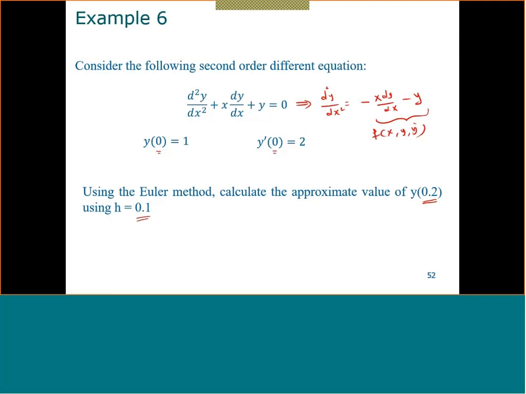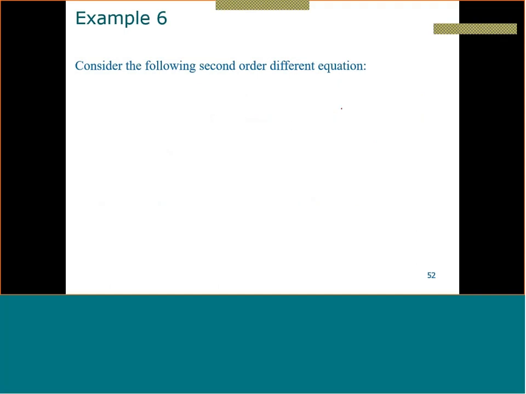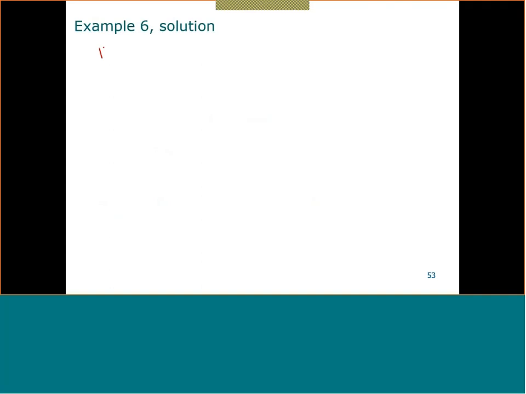Now I want to change this into something else, into two equations, each one first order. And we will see now how we will do this. So we'll start from where I stopped. We have here the second derivative of y is equal to minus x dy by dx minus y.